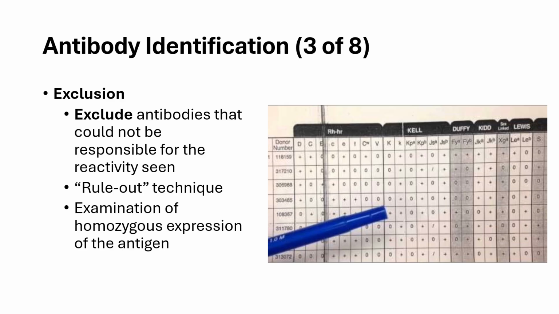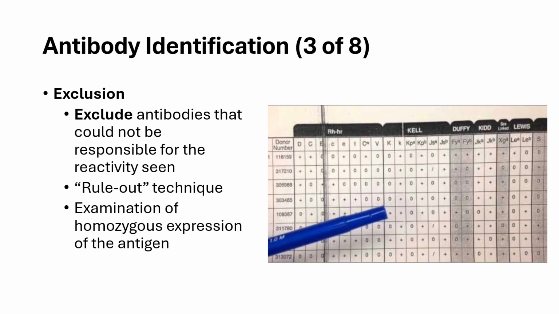You're going to identify which red blood cells reacted and which did not. For each antigen, check if the cells that did not react possess that antigen. If a cell has the antigen but shows no reaction, the antibody against that antigen is excluded or unlikely to be present. If a cell lacks the antigen and shows no reaction, it does not exclude the antibody against that antigen.